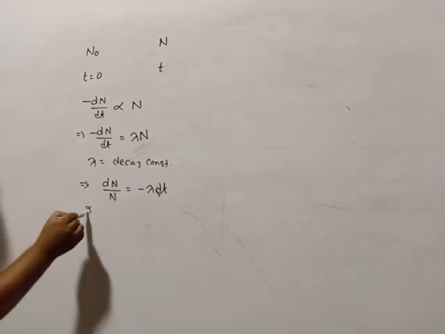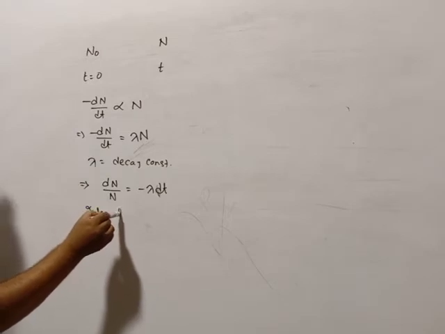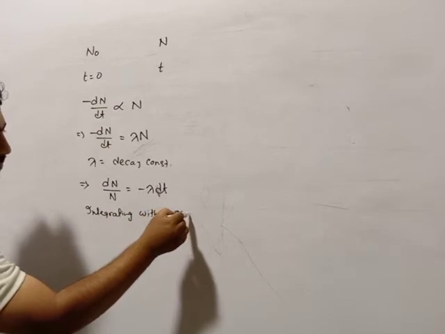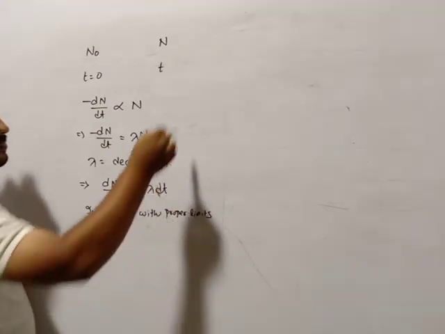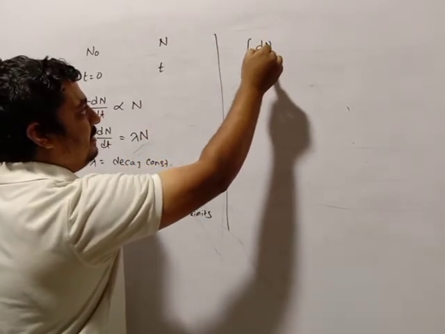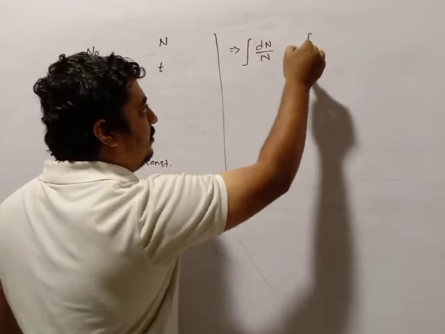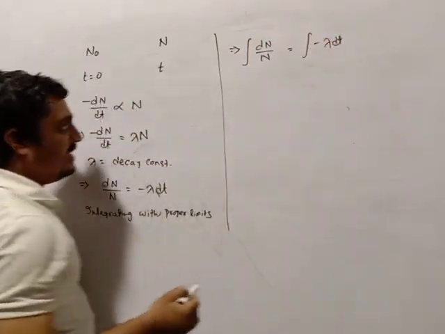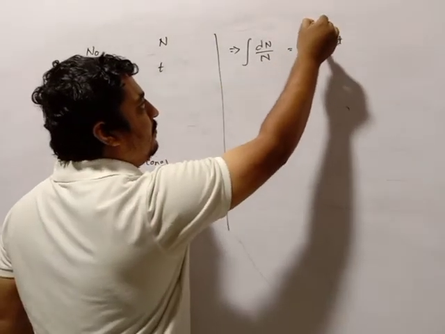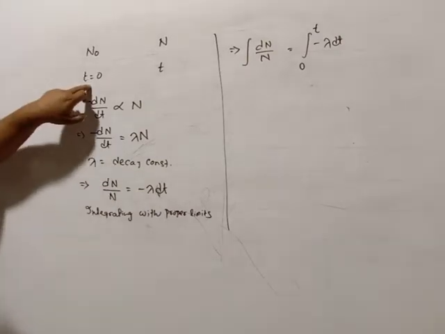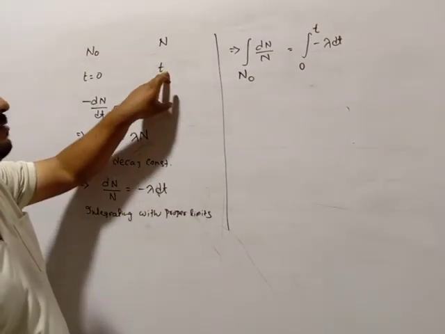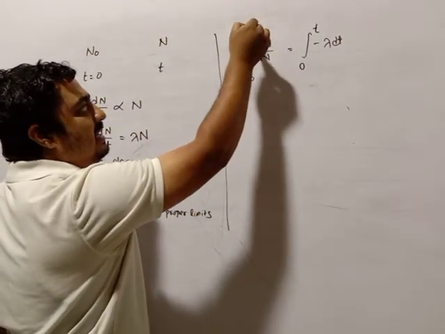Now, integrating with proper limits, we can write the integration of dn by n equal to the integration of minus lambda dt. Time changes from 0 to t. At time t equal to 0, the number of radioactive nuclei is n0, and at time t, it is n.